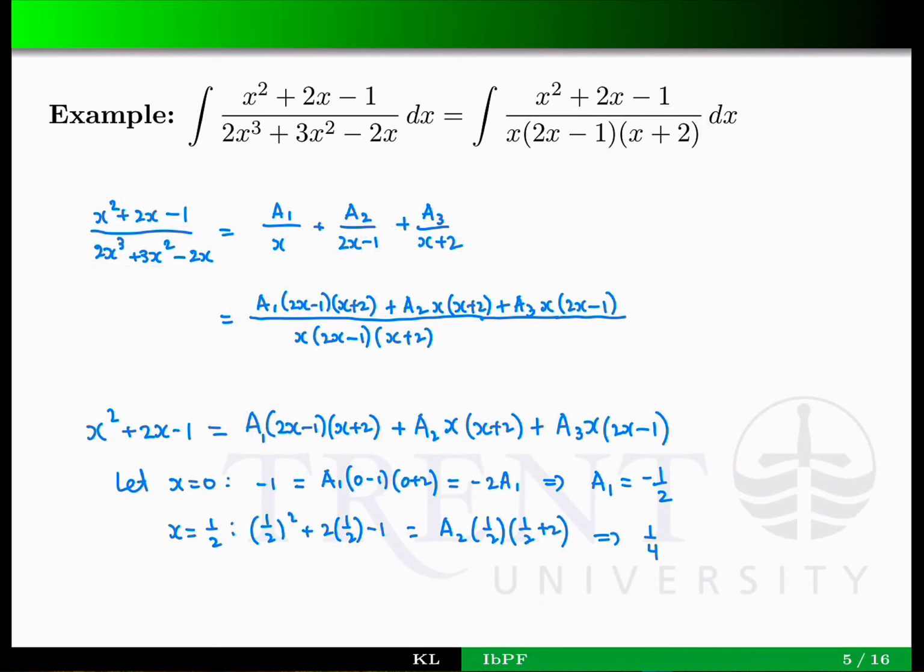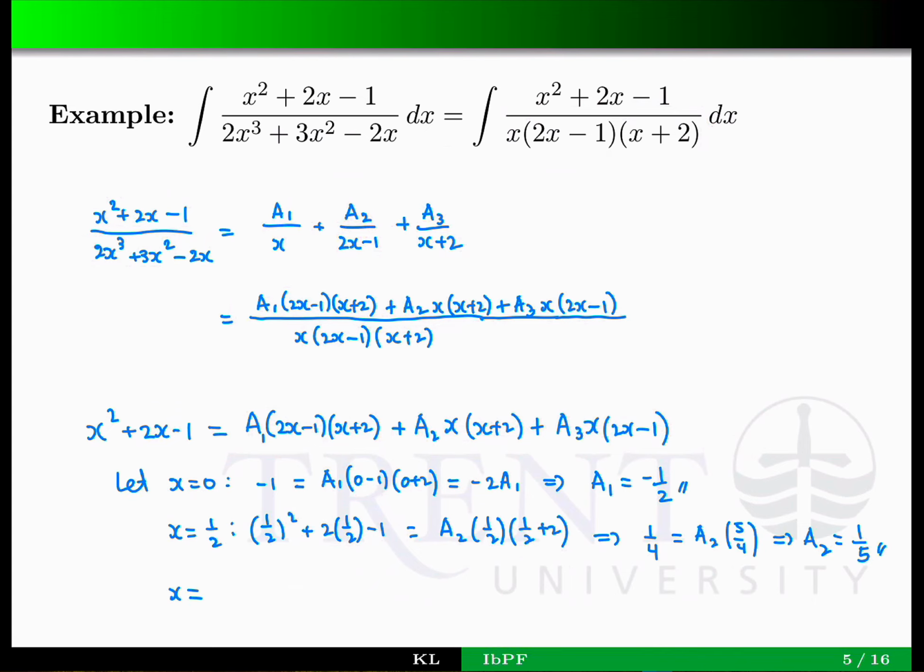On the right-hand side, you got here 1 half plus 2. This is 5 halves times 1 half, that's 5/4. So this will be equal to a2 times 5/4, which means that the value of a2 will be equal to 1/5. So a1 equals negative 1 half, a2 equals 1/5.